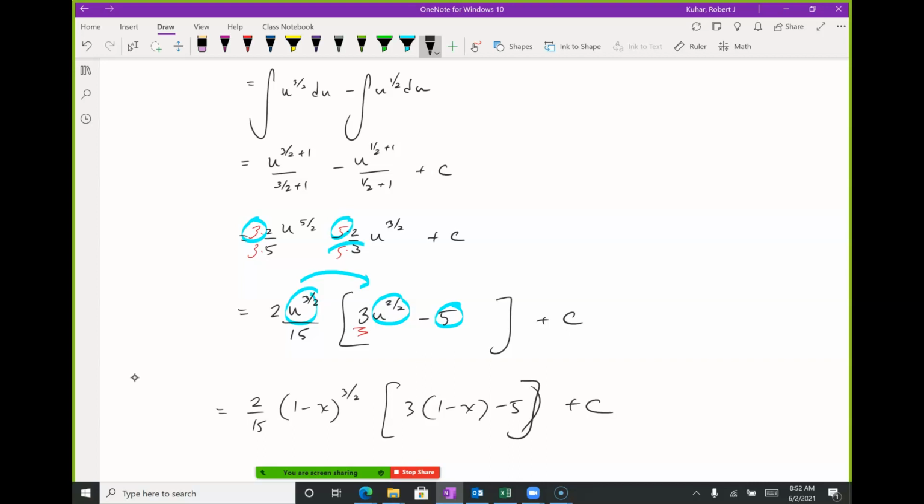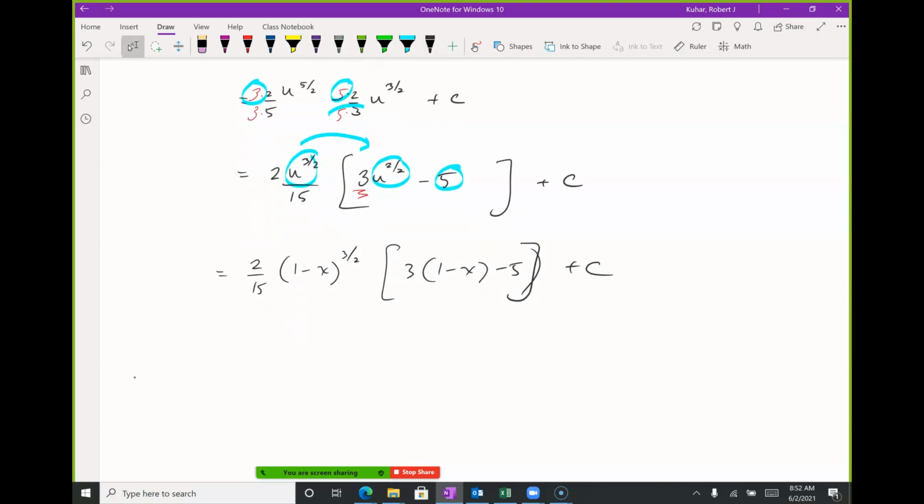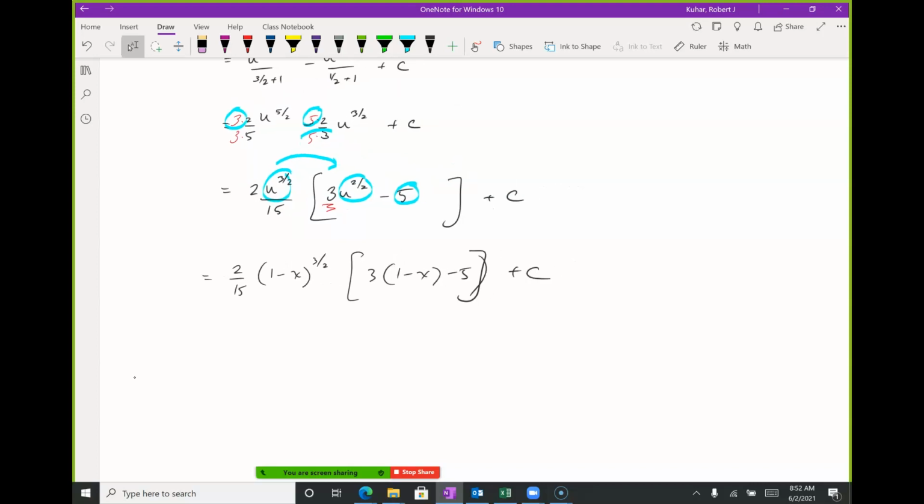So now I'm putting my value of u back in. Is this okay? Anybody need a minute? And then I'm just trying to simplify that as much as I can.